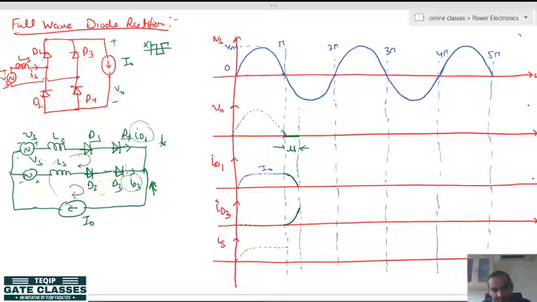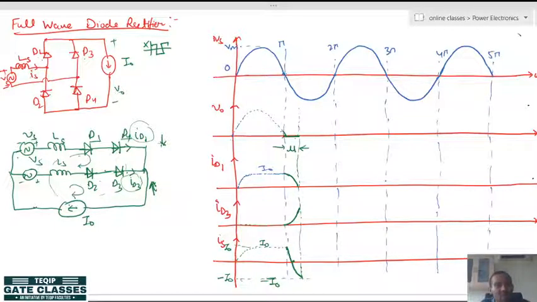So, the source current will be like this, okay, see here. The source current which was earlier positive now becomes negative, so it oscillates between plus I naught and minus I naught.